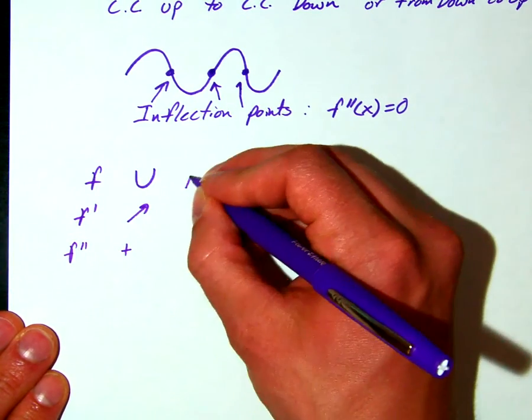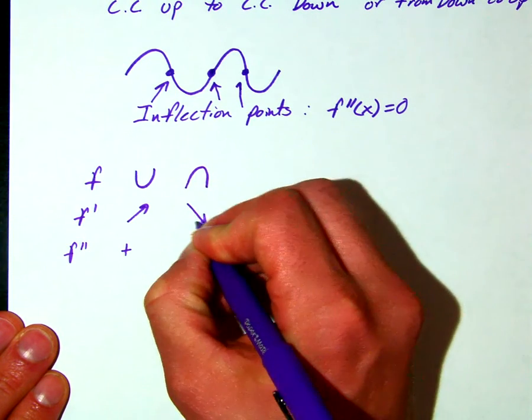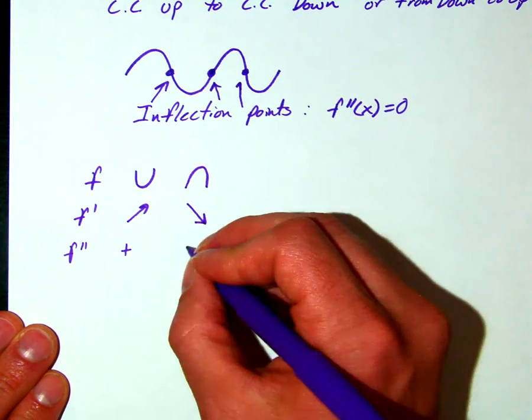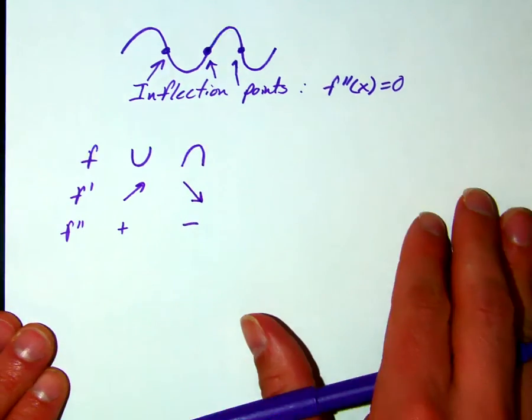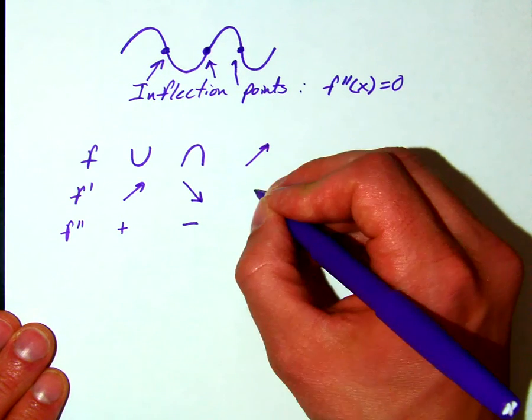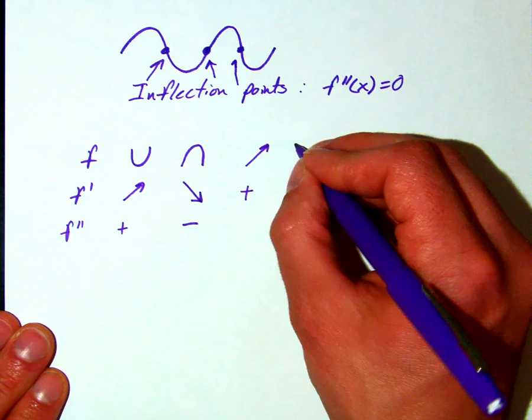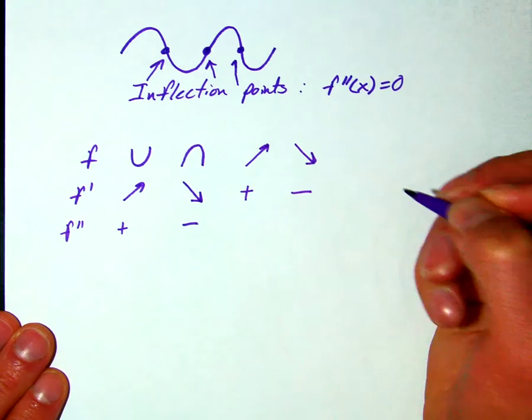If f is concave down, f prime will be decreasing, and f double prime will be negative. If f is increasing, f prime will be positive. If f is decreasing, f prime will be negative.